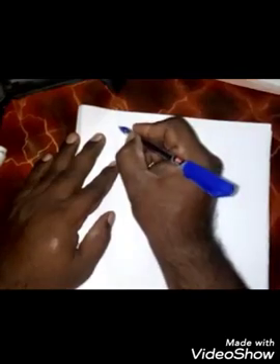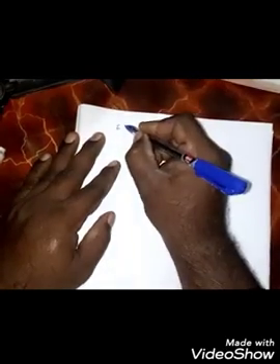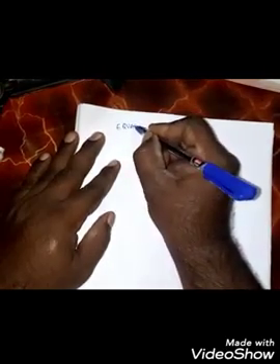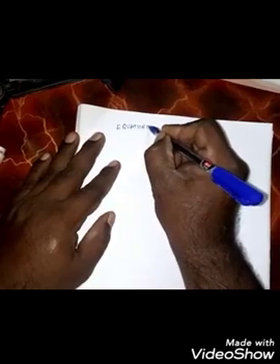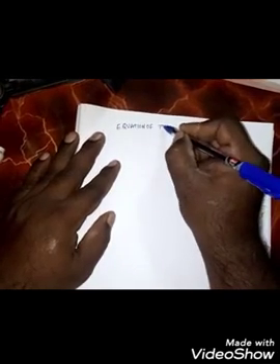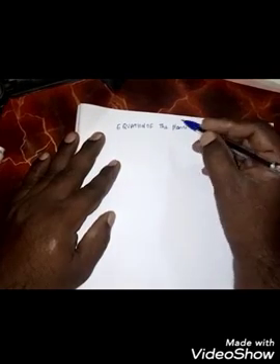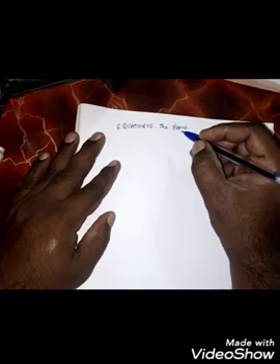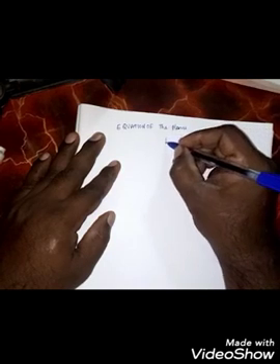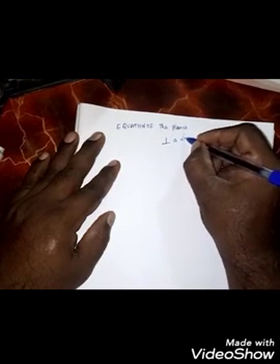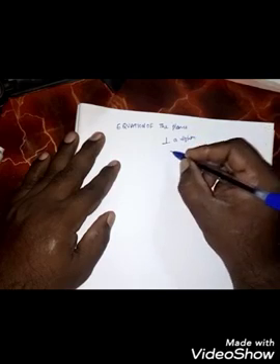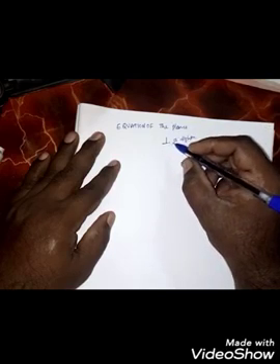Now here what we are doing? Here equation is, what was that? Equation of the plane. Equation of the plane perpendicular to a given vector and passing through a given point.